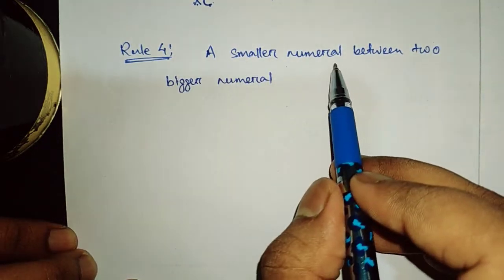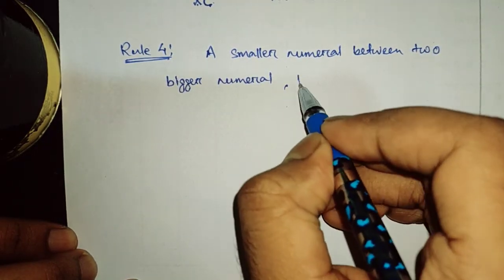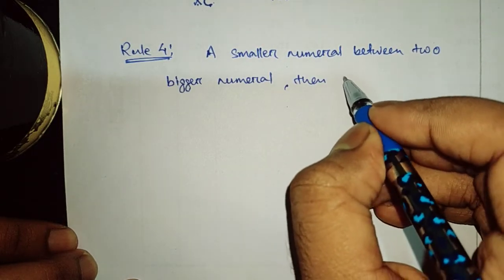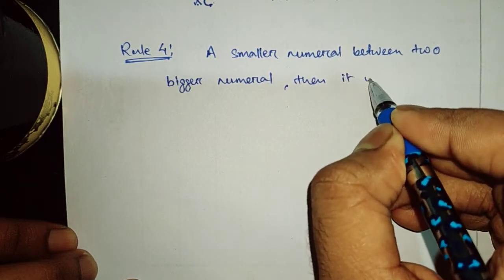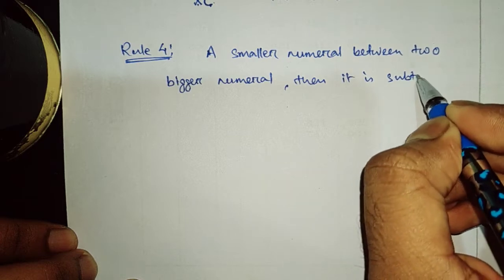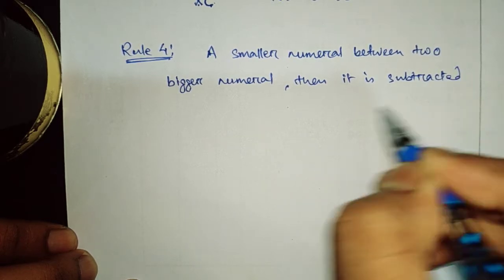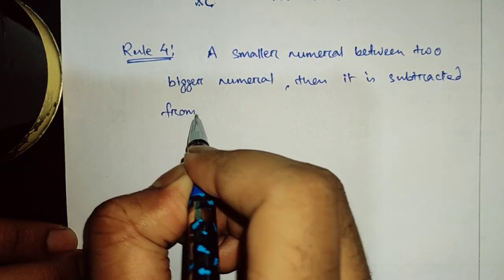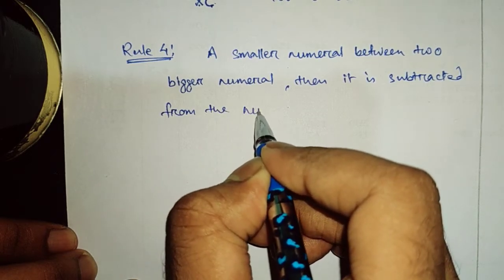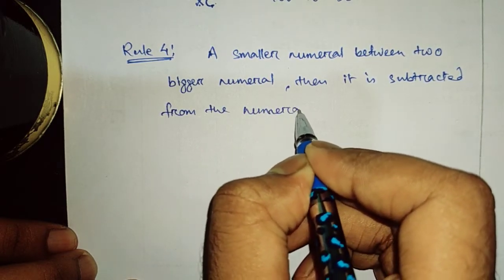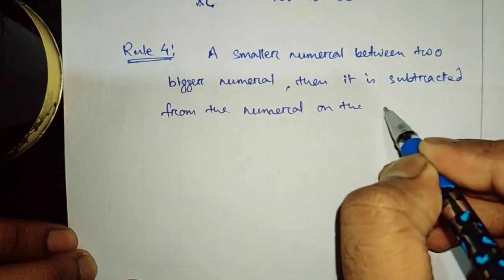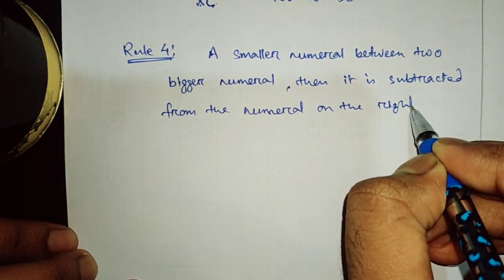If we have a smaller numeral between two bigger numerals, then it is subtracted from the numeral on the right.